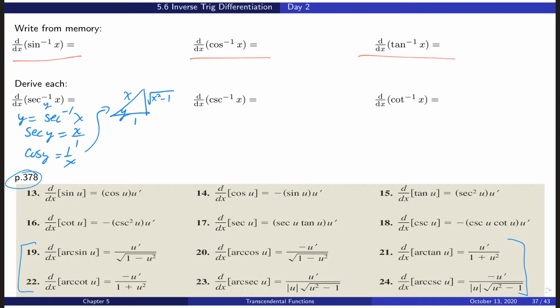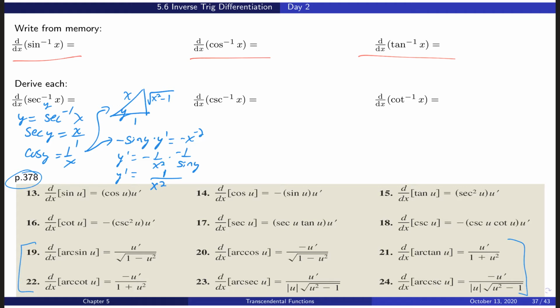So now when I take the derivative of cosine y, I'm going to get negative sine y times y prime equals the derivative of 1 over x, which is negative x to the negative 2. Solving for y prime, y prime equals negative 1 over x squared times negative 1 over the sine of y. Putting that all together, we get y prime equals a positive 1 over x squared, and then the reciprocal of sine.